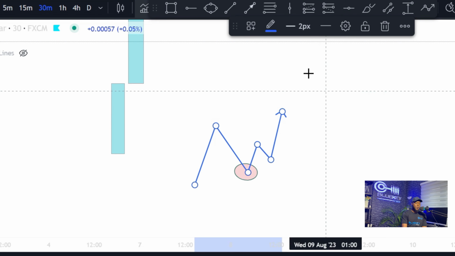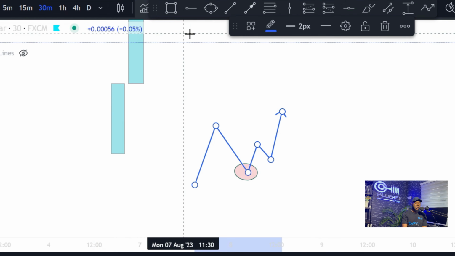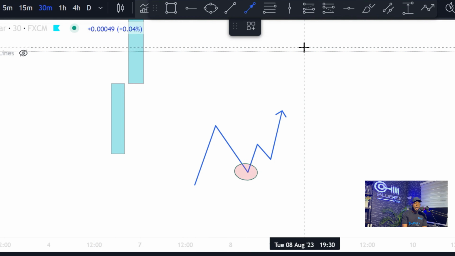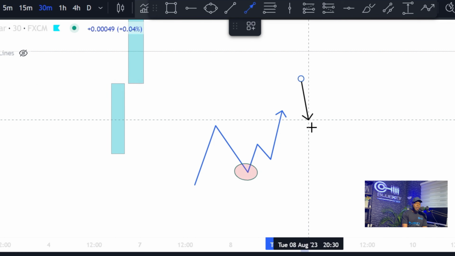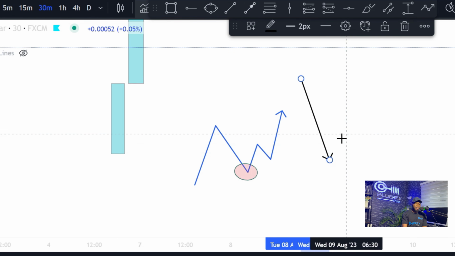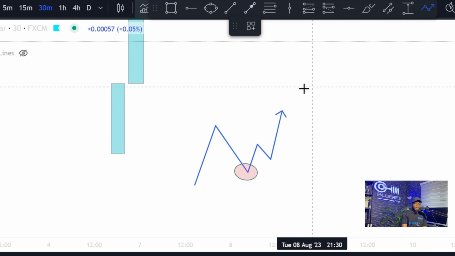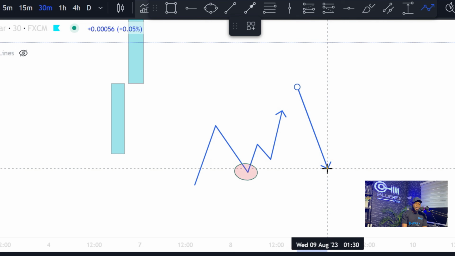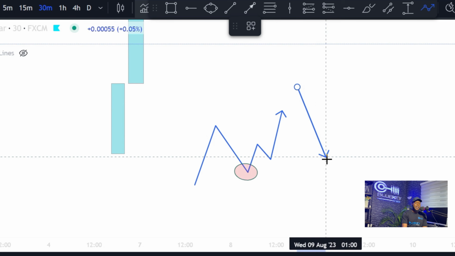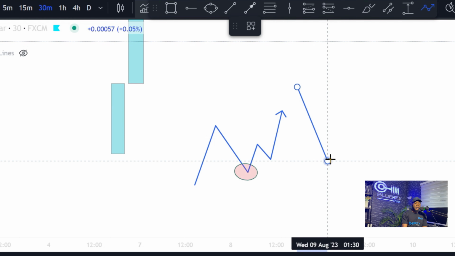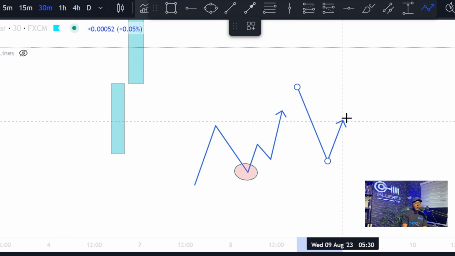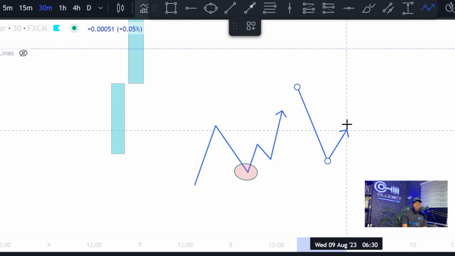Also, let us see how it looks on a downtrend. We have market dropping down like this, an impulsive move, and within this impulsive move we have a lot of pullbacks, and then we have a correction taking place, either a deeper correction or a very shallow correction, and then price stops there.